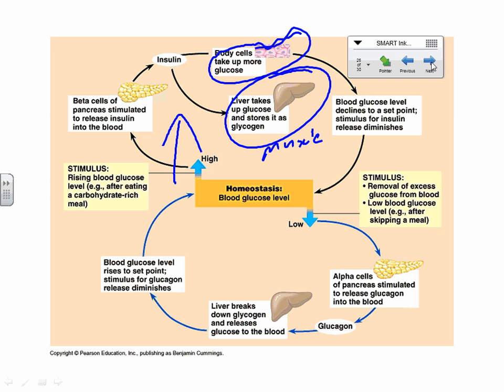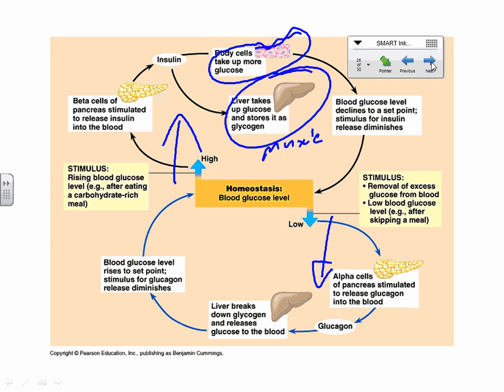Now, on the other hand, if blood sugar is too low, maybe it's been a while since you ate, your blood sugar levels drop. Pancreas says, I can take care of that. So it releases glucagon. Don't confuse that with glycogen. Glucagon is a hormone. Glycogen is what kind of sugar? What kind of saccharide? A polysaccharide. Glucagon goes out to cells in the liver, maybe in the muscle, maybe in the fat.